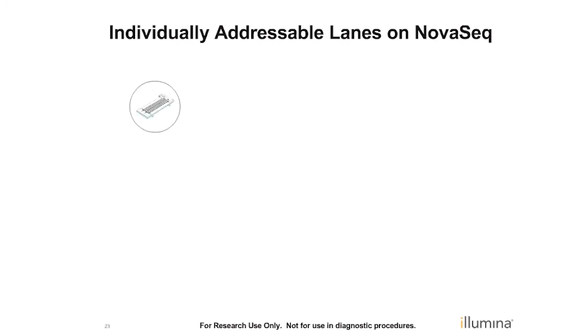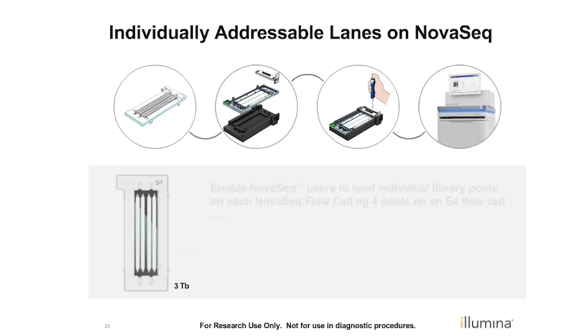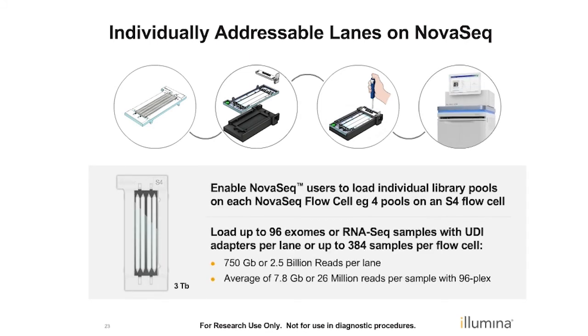And finally, one of the other significant developments that we're working on is specifically related to NovaSeq. NovaSeq, as we said, is our most powerful sequencer yet, especially if you imagine what we call the S4 flow cell, which has four lanes. Heretofore we actually weren't offering individual addressable lanes.